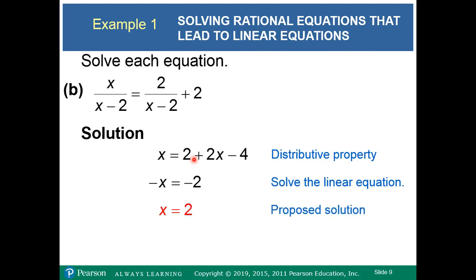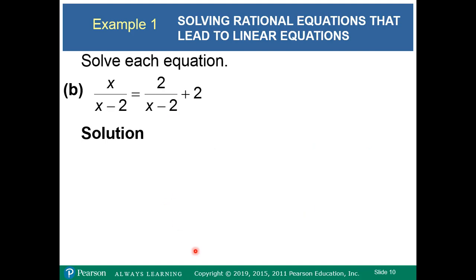Now, in this case here, this is not going to work because remember, 2 makes this 0. So x equal to 2 cannot be a solution. So that means there are no solutions to this. And that should make sense. Remember at the very beginning of this chapter we were talking about identities and contradictions.